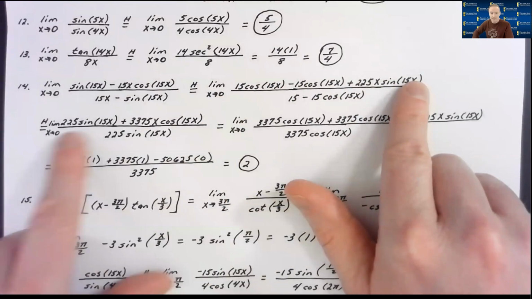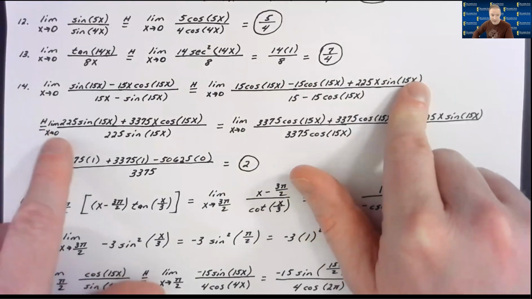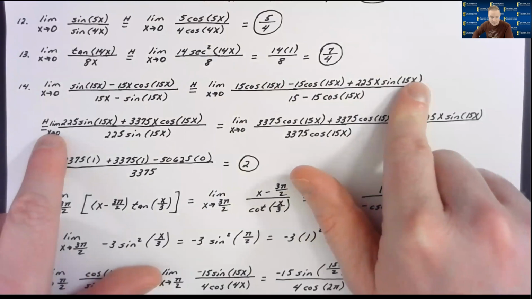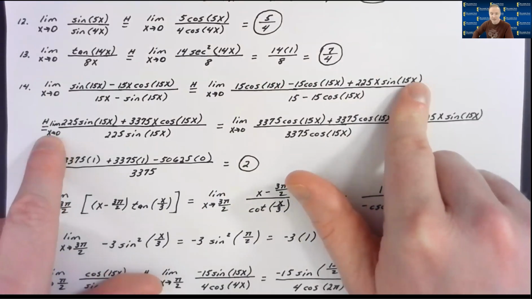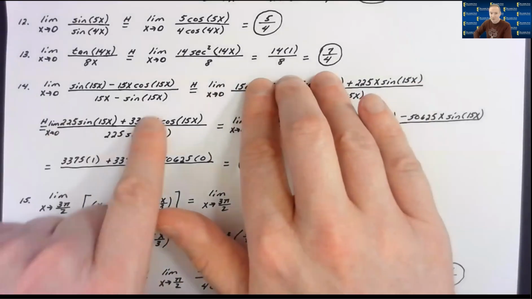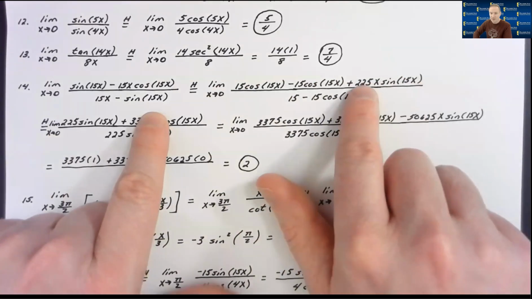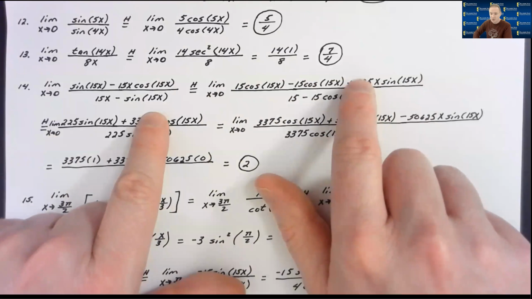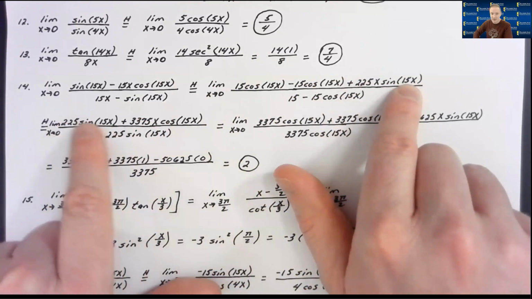So then I come down here and I can say, all right, when I use L'Hopital again, and I had to scrunch in my limit as x approaches 0, I almost forgot it. Well, I did forget it and had to go back and scrunch it in. These two terms cancel, so my entire numerator is just the product rule derivative of this term. So I said, okay, derivative of the first, 225 times the second, sine of 15x. That's where that came from.